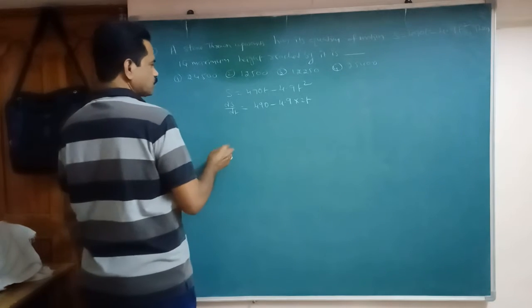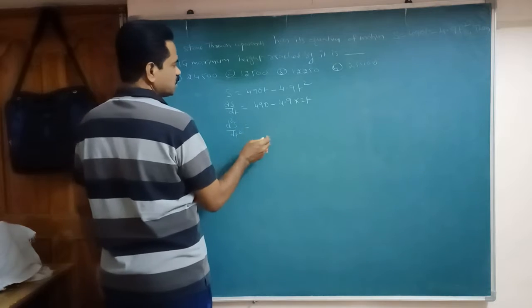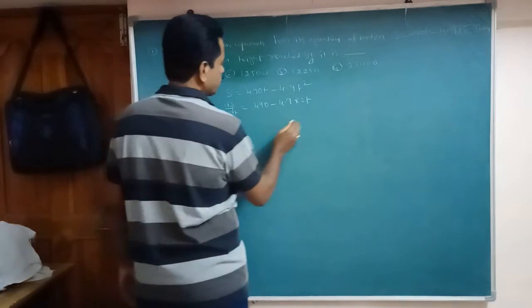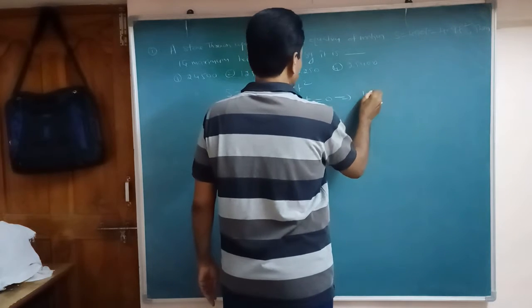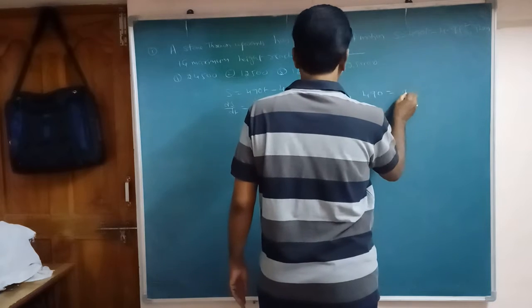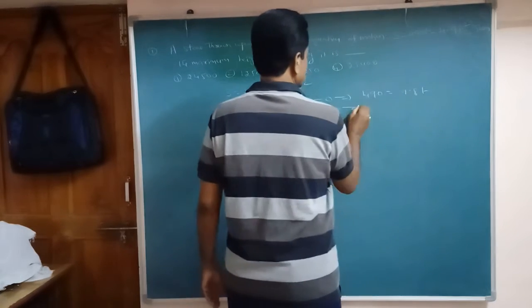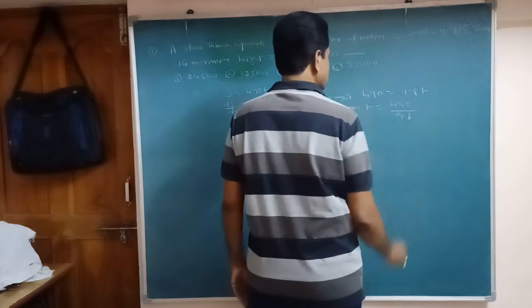Then ds by dt equal to 0, so 490 equal to 9.8 into t.